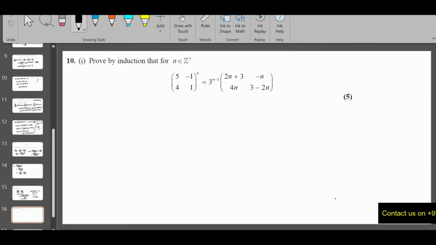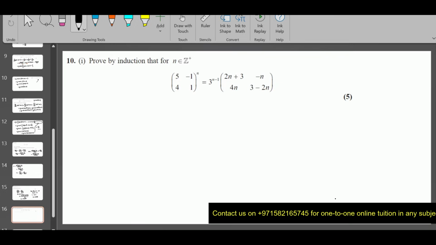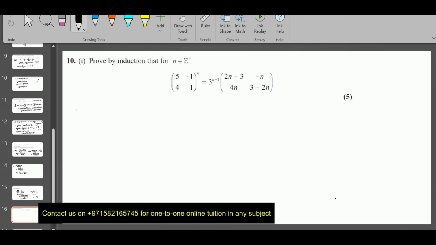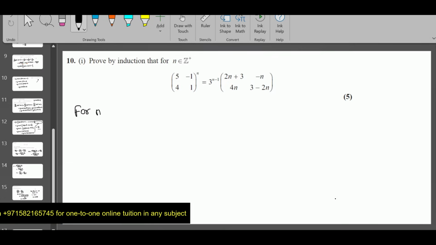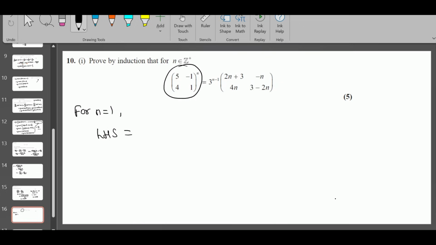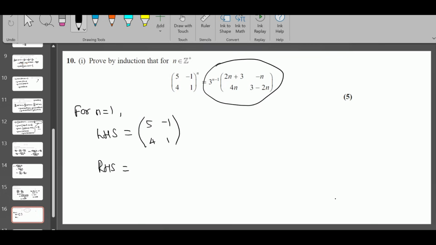Prove by induction that for n belongs to the set of positive integers, this matrix to the power n is equal to this. So for proof by induction, we need to prove it for n equal to 1 first. For n equal to 1, let's find the left hand side. Power 1 is the same, right? Now let's find the right hand side. Here replace n by 1.